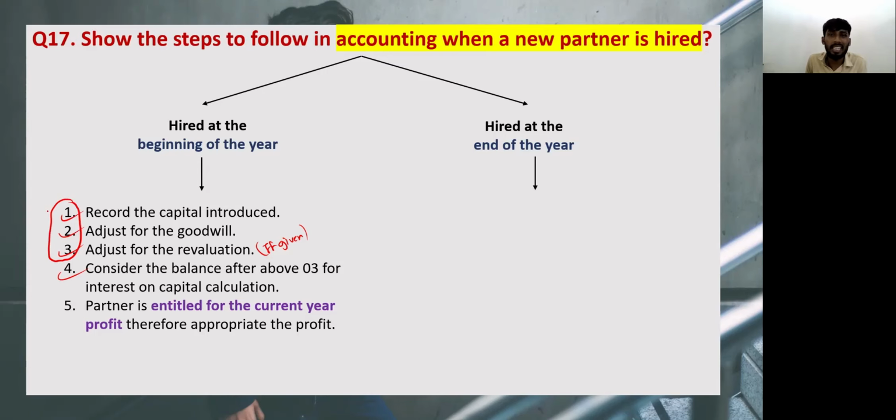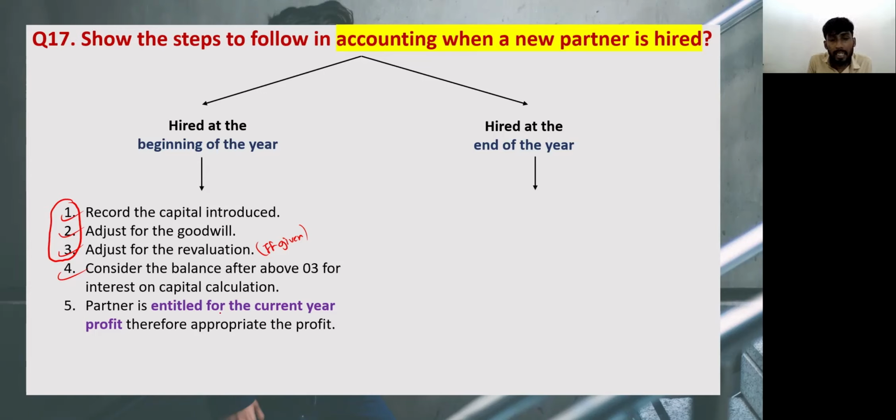Keep in mind, the suggested answers sometimes vary, but the rationale is that we should get the net balance after all these adjustments to calculate the interest on capital.